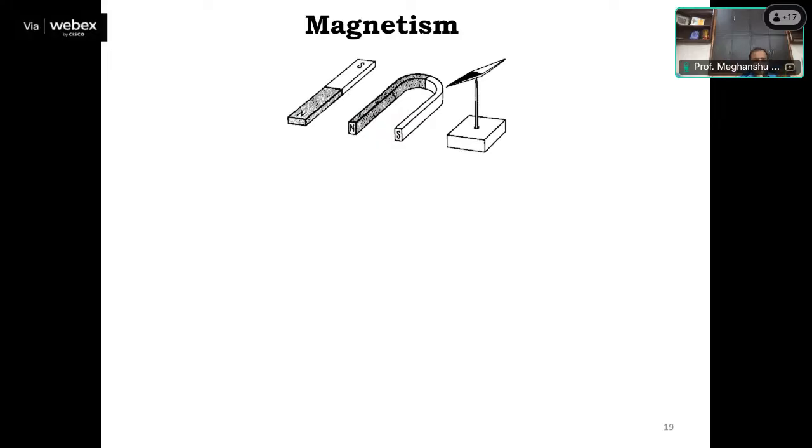Suppose this is a permanent magnet of rectangular shape, and I am having a pin here. It will be attracted towards this magnet if it is within the domain of the magnetic field. I repeat, if this pin is within the domain of the magnetic field, it will be attracted. But if the pin is outside, it is not going to be attracted.